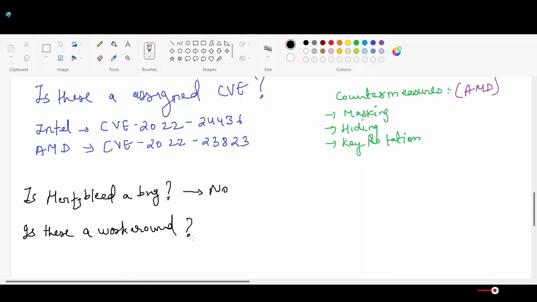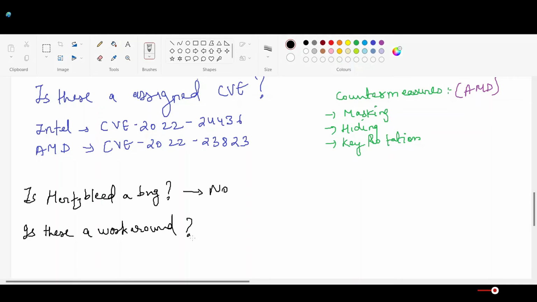Because in their experiment, when they disabled the frequency boost, the frequency stayed fixed at the base frequency during their workload execution, preventing leakage via Hertzbleed.